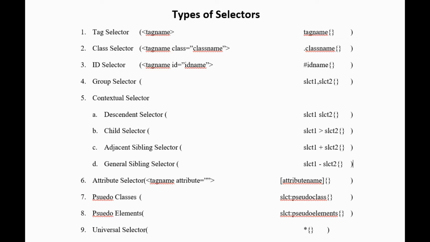As I know, there may be only four primary types that are going to be taught in every classroom session. That would be the tag or element selector, and classes and IDs.